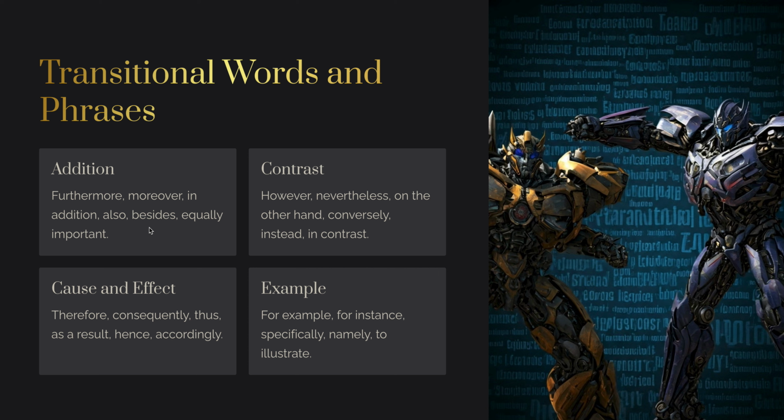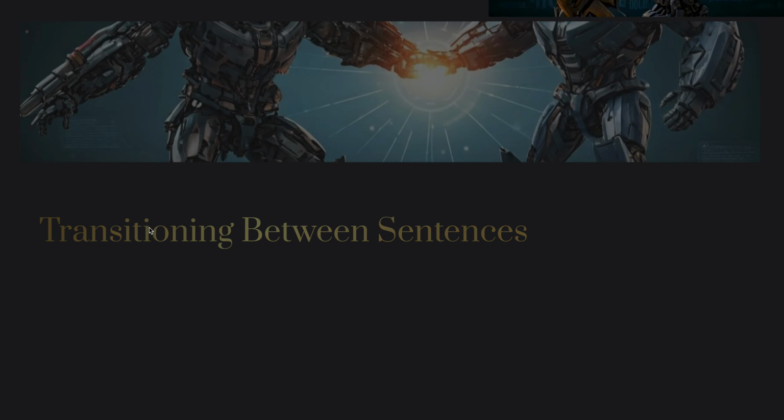Any of those are good. Cause and effect: therefore, consequently, thus, as a result, hence. Or, this is the one I would like you guys to start to use a lot more for your examples: for example, for instance, specifically, namely, to illustrate. What this means is, this is to say, things of this nature. All right, these are the phrases and words you can be using.